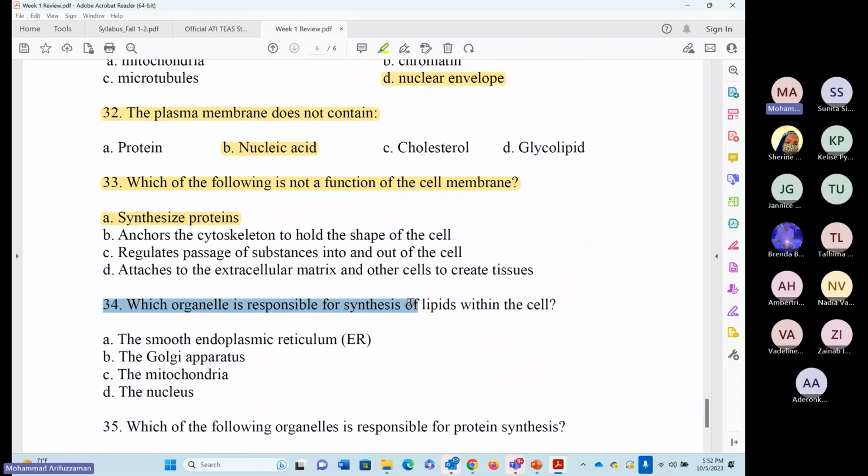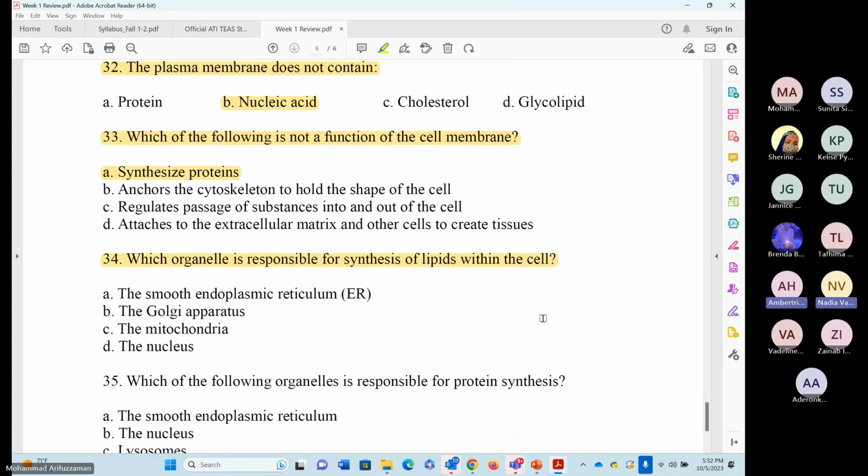Which organelle is responsible for synthesis of lipids within the cells? The smooth endoplasmic reticulum synthesizes lipids.